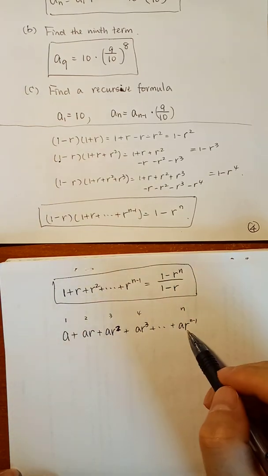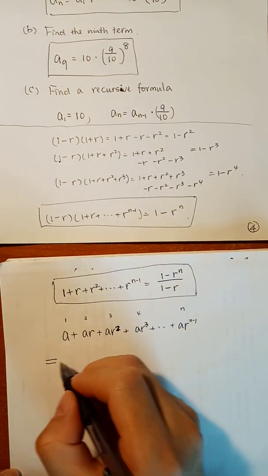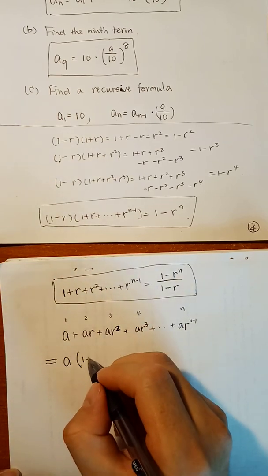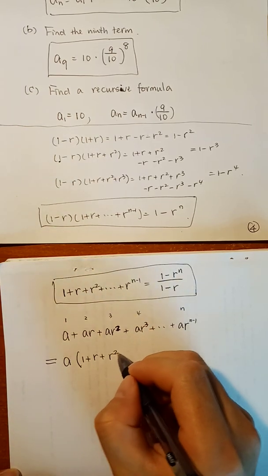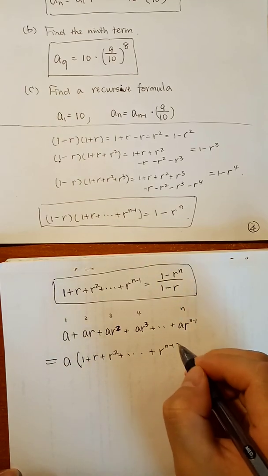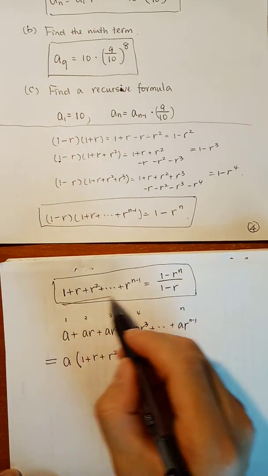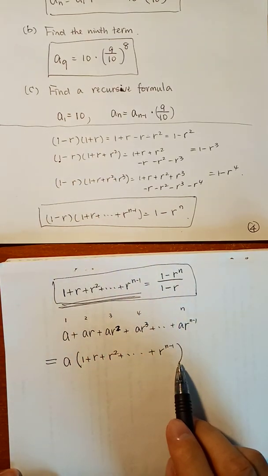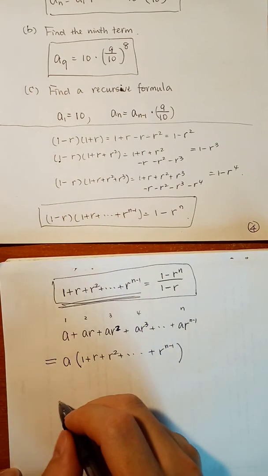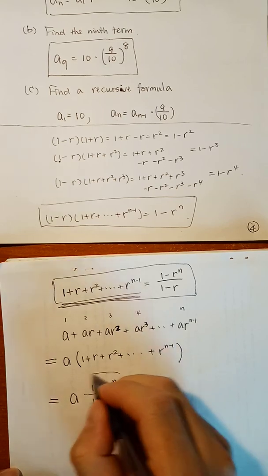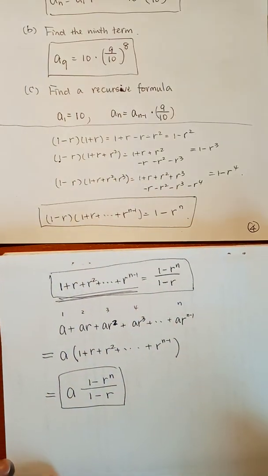They all have the common factor a. After we factor out a, we get a times 1 plus r plus r squared up to r to the n minus 1. Check here, it's exactly the left-hand side. So we apply the formula. We get what we want.